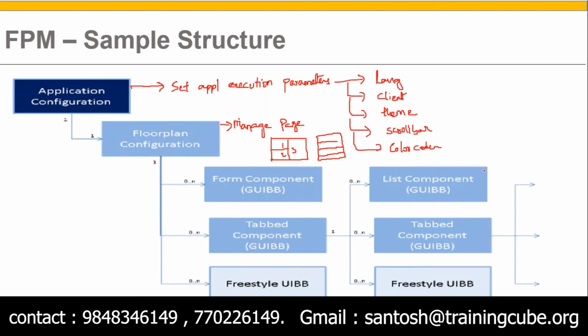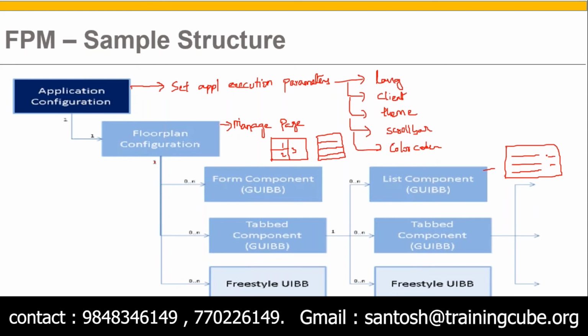And this list component is something that we will design. Like we are seeing these attributes here, column positions. We will just do drag and drop, and we will design a string. This is for component configuration.